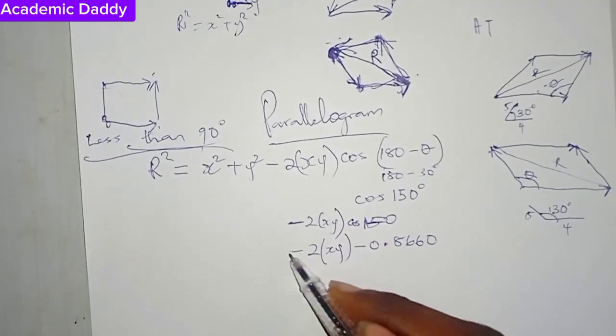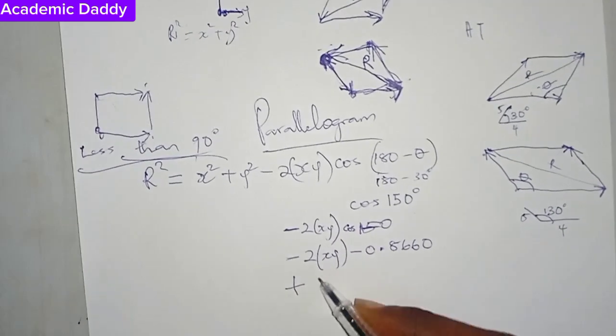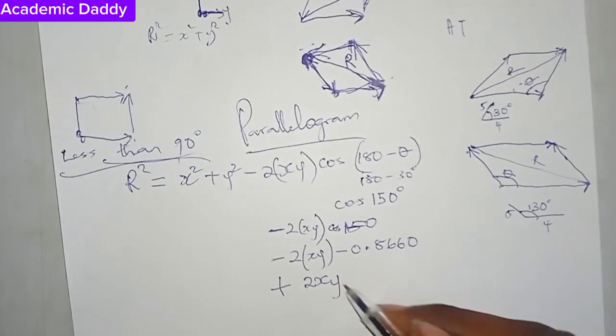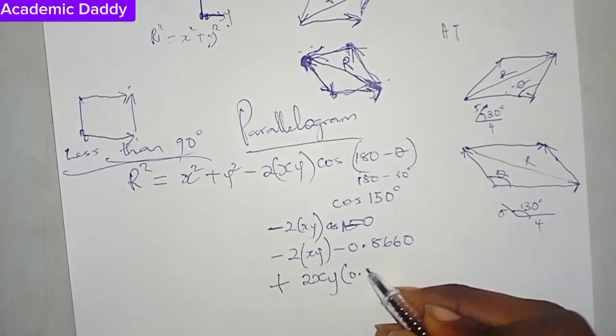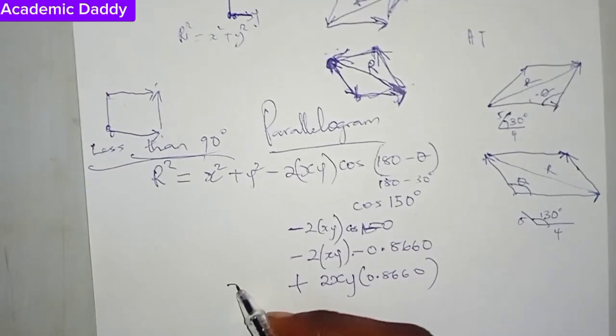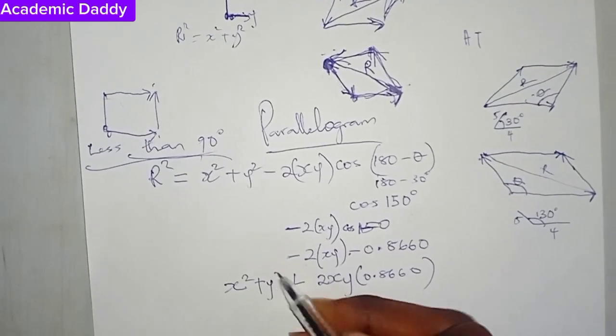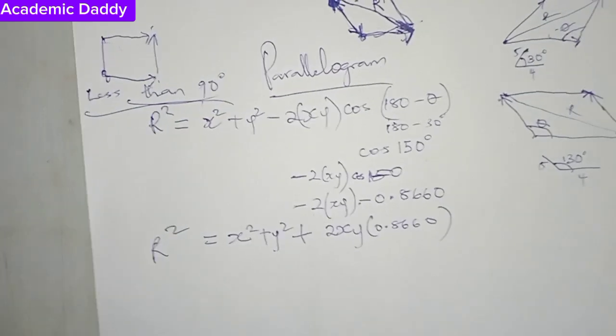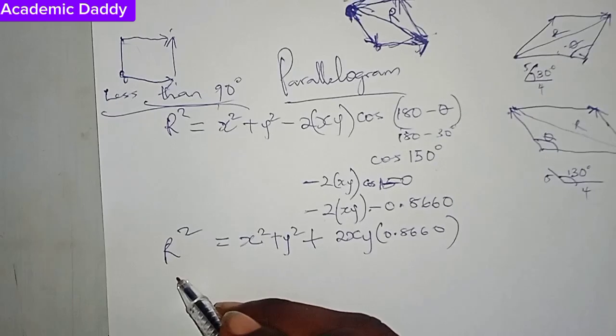So you see that minus times minus will give me plus 2XY times 0.8660. So you see that we now have X squared plus Y squared equals R squared, and this is looking like the formula for the parallelogram.